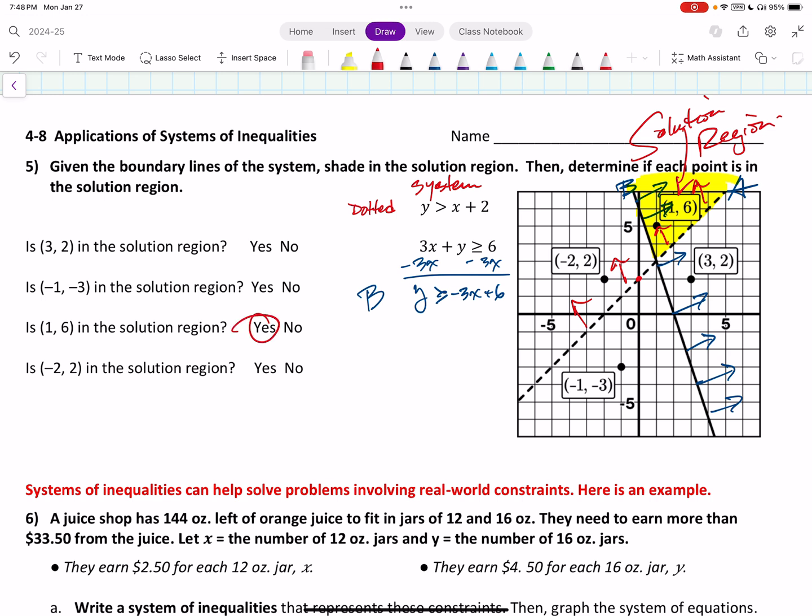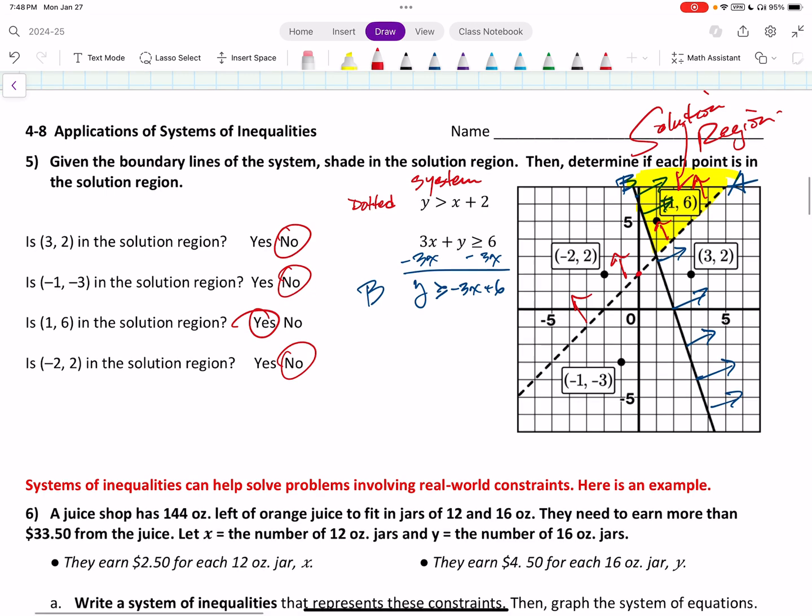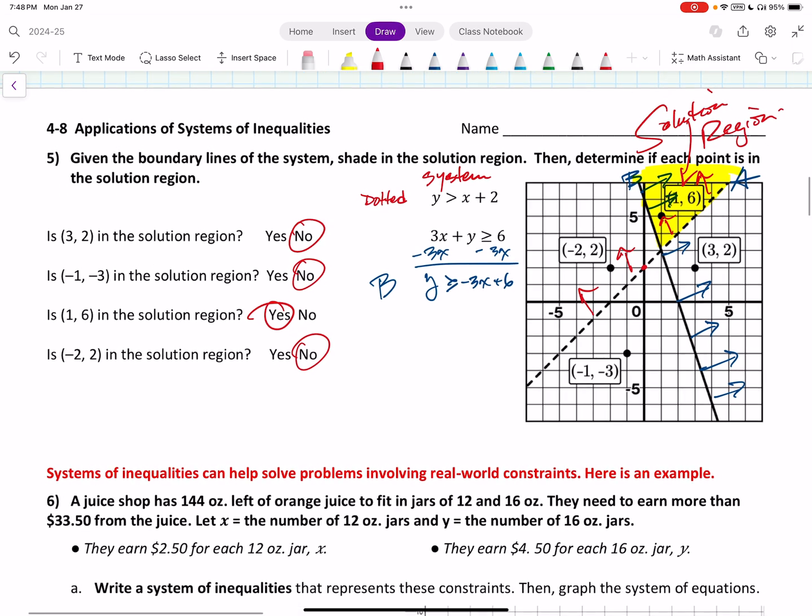So I'm going to say yes over here on the left. And all these other points, 3 comma 2, no. -1 comma 3, no. -2 comma 2, no. They don't satisfy both inequalities. Only the points in the solution region satisfy both inequalities. And there you go. That's all there is to it.